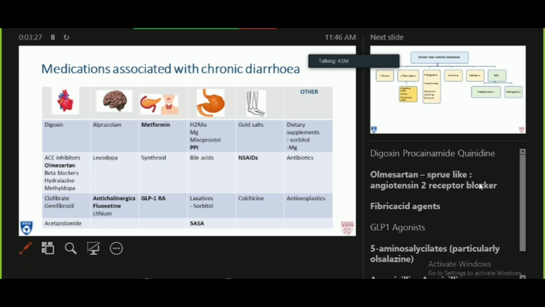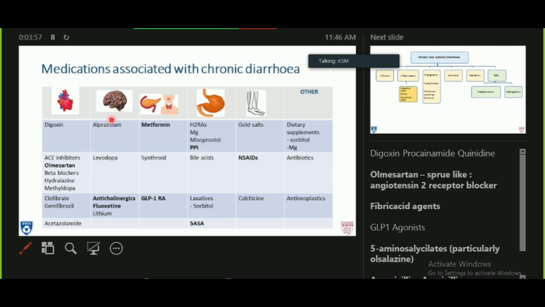So these are just some examples of the types of medications that can cause chronic diarrhea. This is a very varied audience here, so you know that cardiology medications like digoxin, we all learn in medical school how this can cause diarrhea, but then there are other newer drugs such as the angiotensin receptor blockers like olmesartan, which can cause a sprue-like condition, and then the fibric acid agents are also commonly associated with diarrhea.